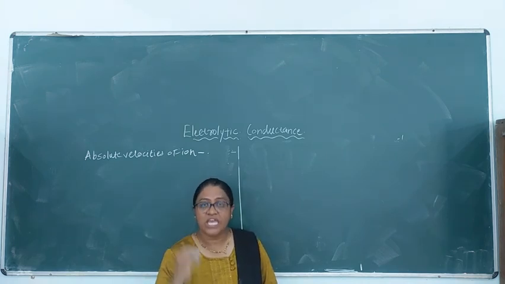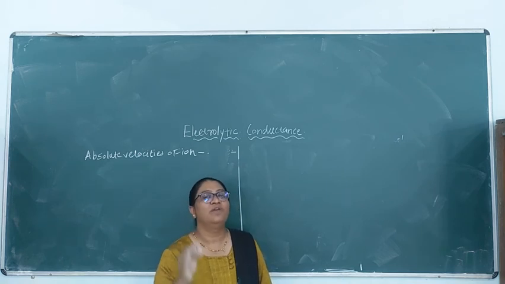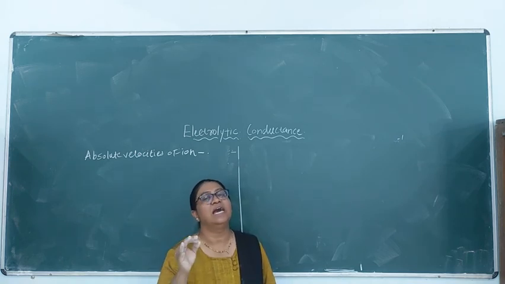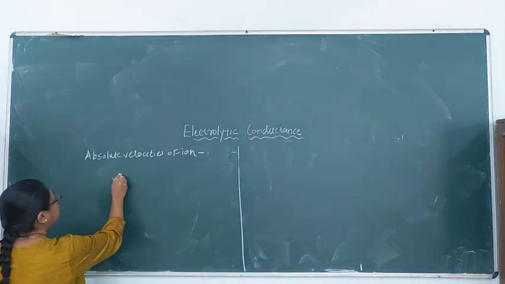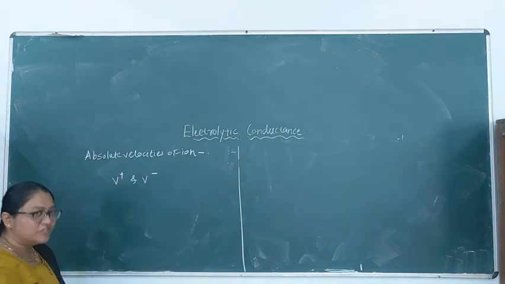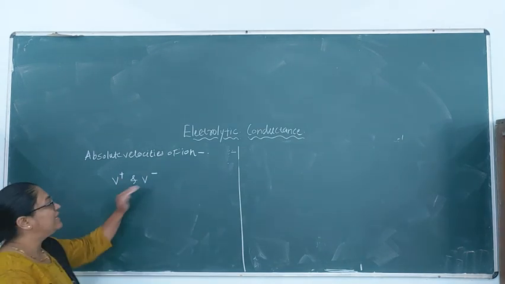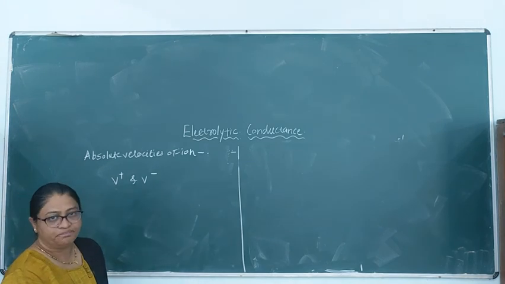So the equivalent conductivity mainly depends on the velocities with which the ions move, and these velocities are denoted as V plus and V minus. V plus is the velocity of a positive ion or the cation. V minus is the velocity of the negative ion or the anion.